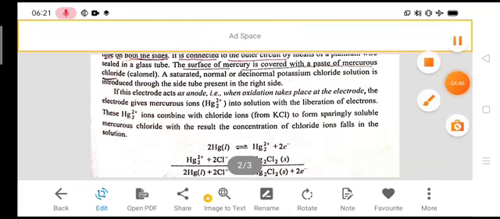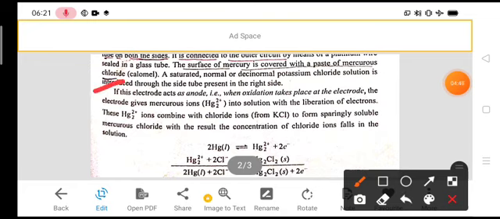If this electrode acts as anode, that is when the oxidation takes place at the electrode, it gives mercurous ions into the solution with the liberation of electrons.